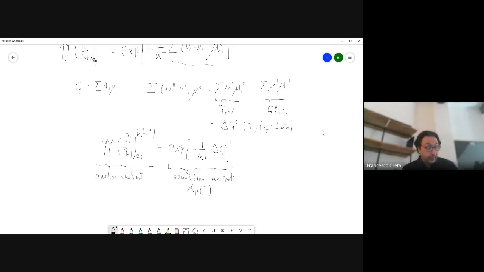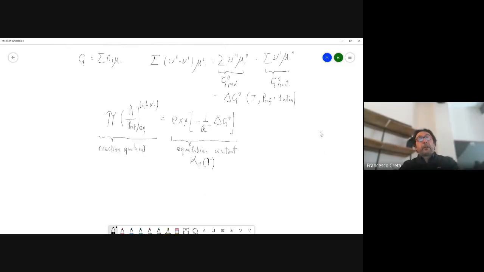I'll tell you why it's a quotient in a second. So if we have a temperature here, definitely we can compute this number. This is a constant in that sense, okay? It's a number. And for any pressure, we'll see how in a second, okay? We can therefore find the equilibrium composition if we have obviously enough equations of this kind.